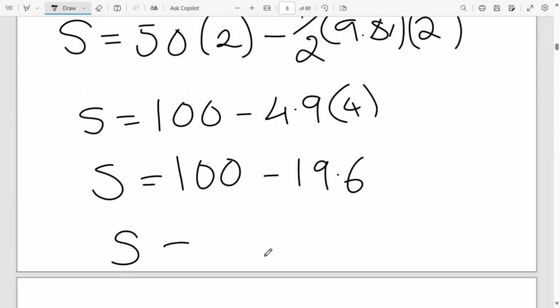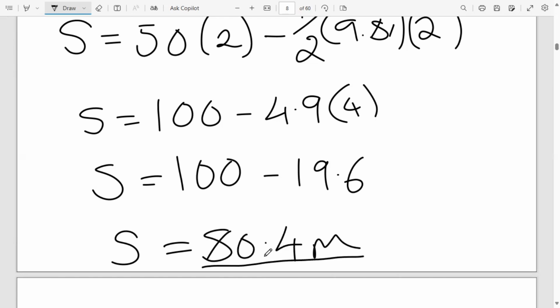So S is equal to 100 minus 19.6, which is 80.4 meters. Which means from the ground, it was going to be 80.4 meters. Unless anyone has a question on this one.